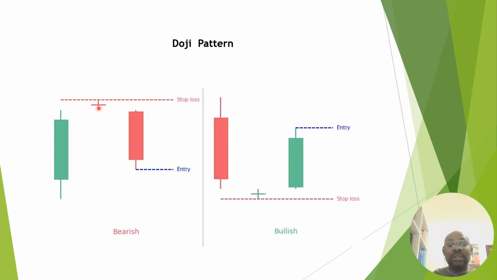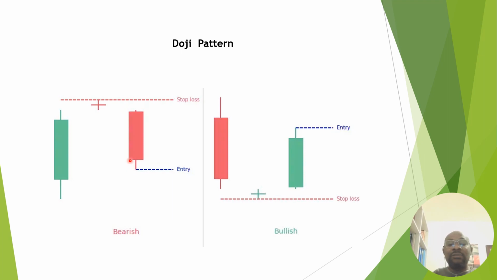As soon as you see this, you wait for it to close. Then the next one starts like this, and you wait for it to be fully printed, so you're clear of the formation that yes, now the bears, that is the sellers, have taken over the market.